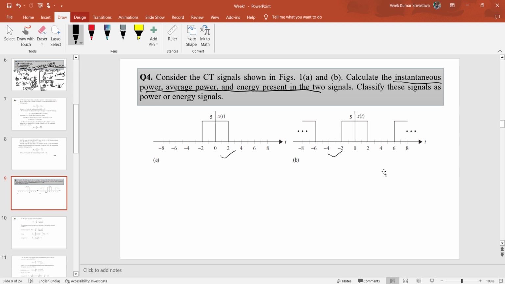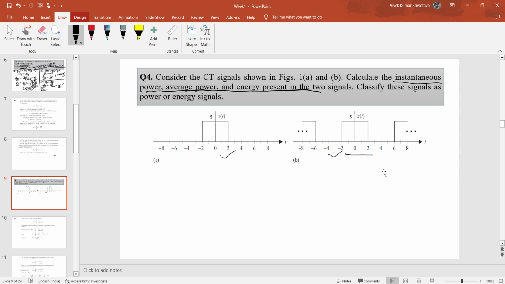By first looking at this signal, we can say that it is defined only for finite intervals. Every energy signal is defined for a finite interval only, whereas from here we can see that it is a periodic signal because it repeats itself after a certain period of time.